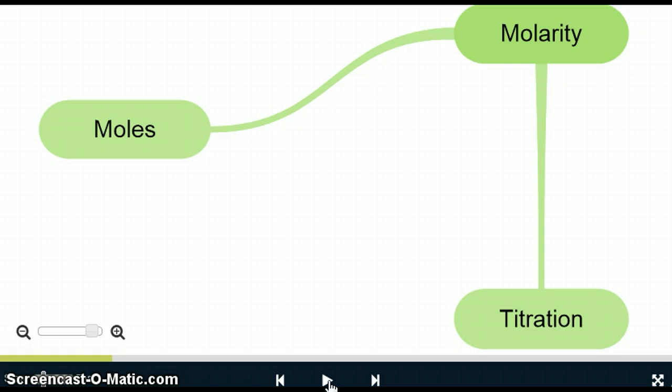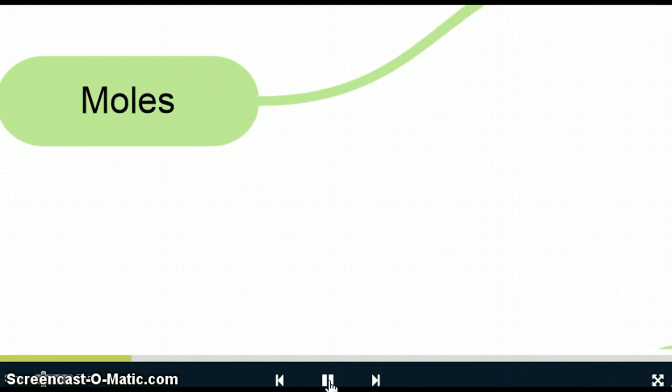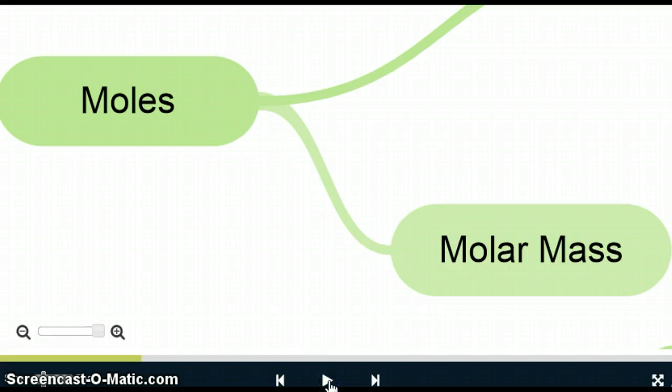Looking back at our balanced chemical equations, how do we determine the moles of a substance? The moles of a substance are related to the molar mass by grams. So many grams of substance makes up 1 mole, and that number of grams is called the molar mass.